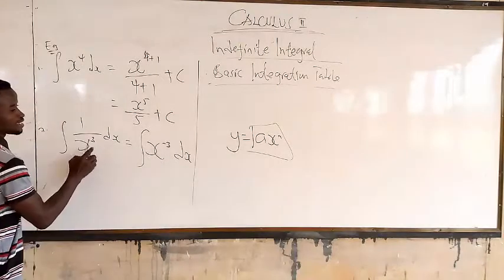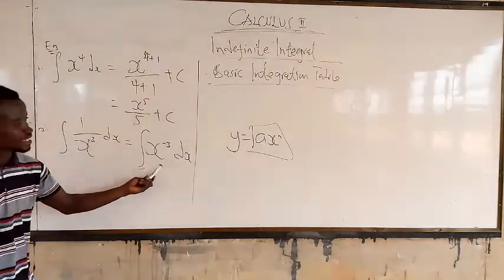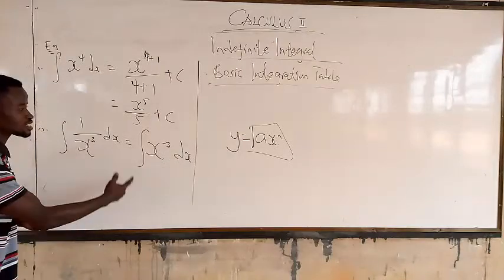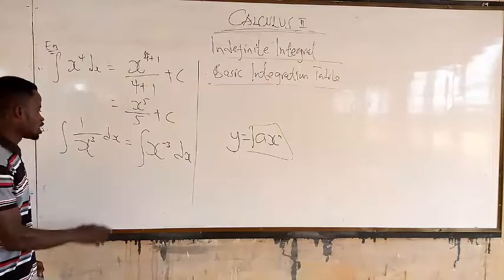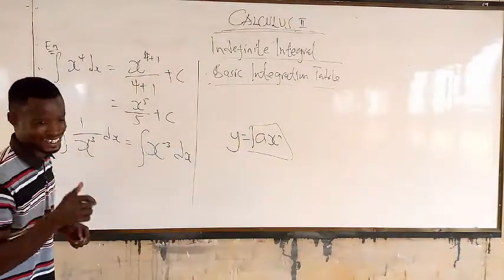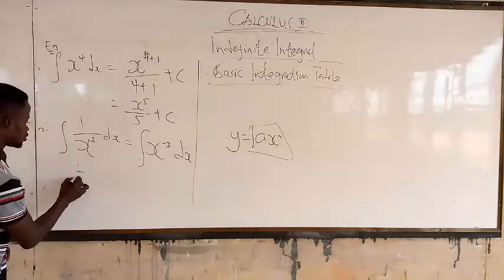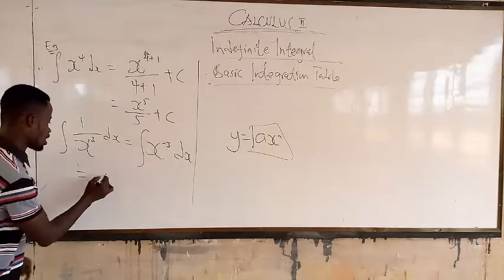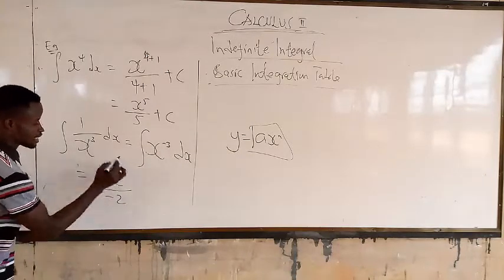Indices, this is the same as this. So now that we can get it in this form, we can see the coefficient, which is 1, and the power, which is negative 3. But here you cannot say that the power is 3. Thank you for your understanding. So here, straightforward. Add 1 to the power, you get negative 2, and divide by negative 2.